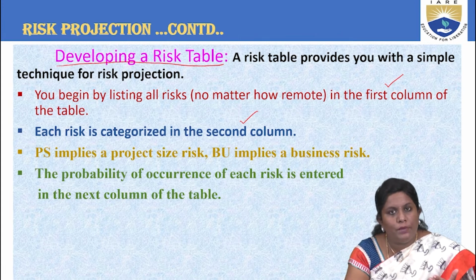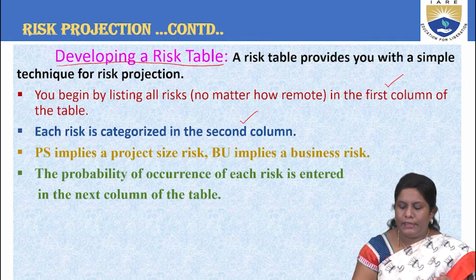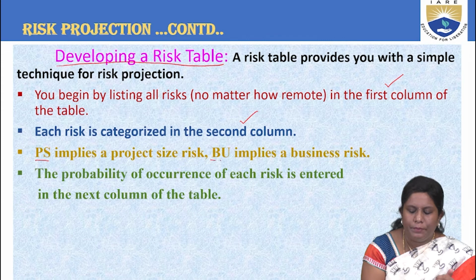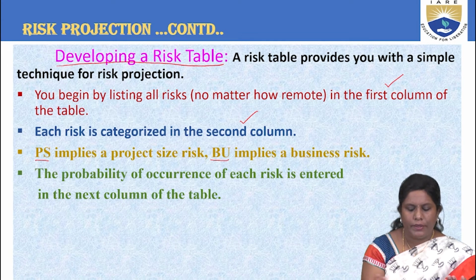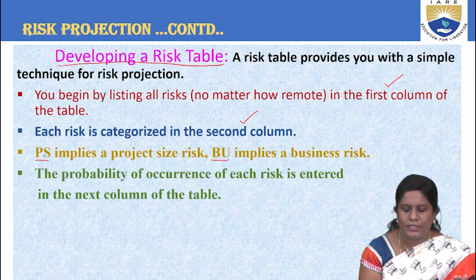So your first column will have entire risks, and the second column will talk about the categorization of those risks. And in the table that we show, we have the two terms that says PS and BU, which have a major impact in the table. So PS stands for the project size, BU stands for the business risks. So these types of risks were discussed in our previous video. Okay, so the probability of occurrence of each risk is entered in the next column.